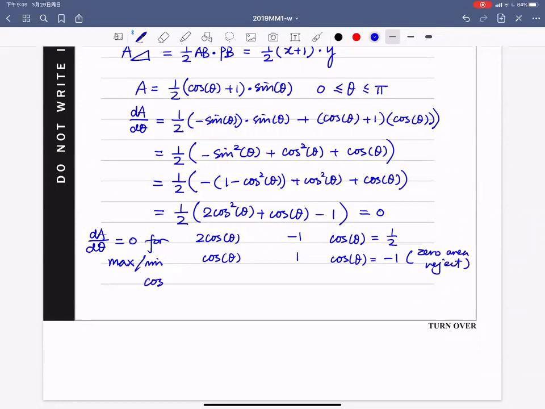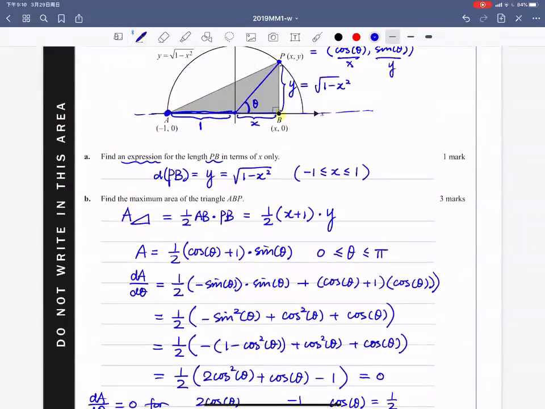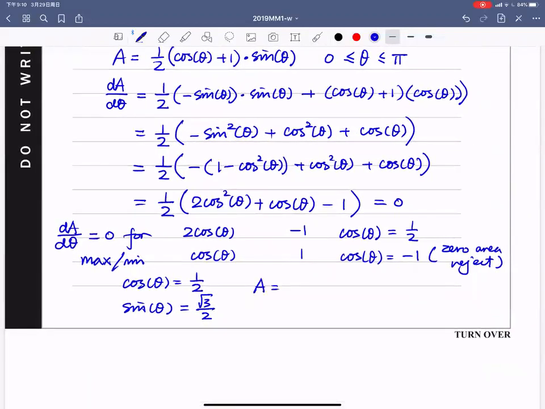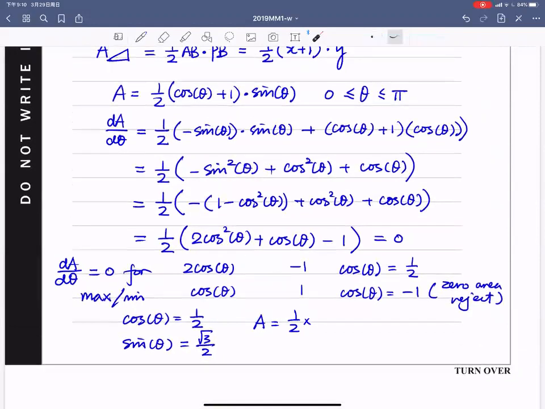If I have cos theta equals half, then my sine theta is definitely √3 on 2, isn't it? So my area will be half times, look at this bit here, guys.